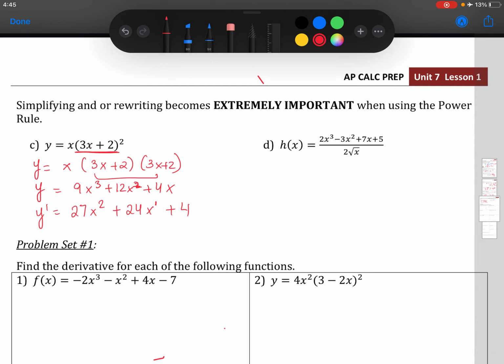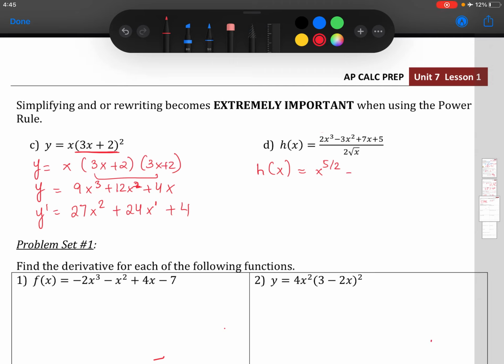On this question, can I not divide each of them by my 2 rad x? I'm going to do that. So what would that be? Oops. So here, h of x, it's still h of x. I'm going to simplify it before. So 2 divided by 2 is just 1, and x cubed divided by rad x is x to the 5/2, right?